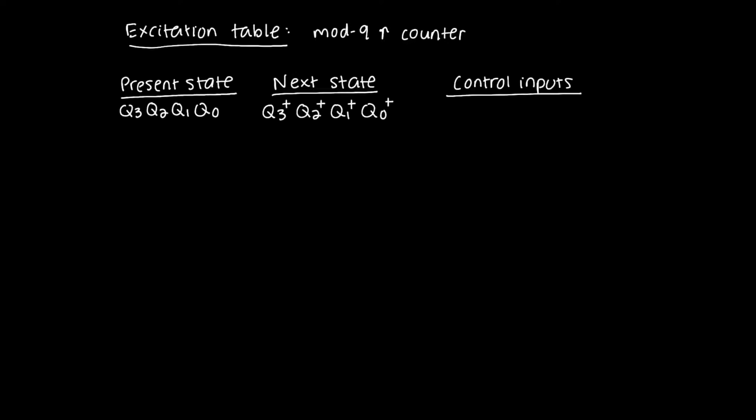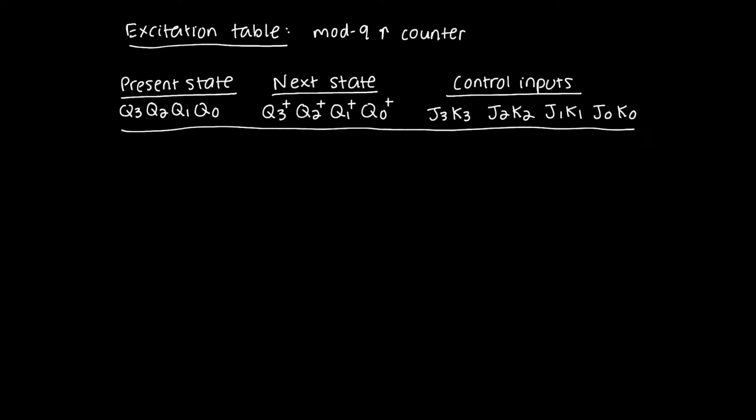Now, D flip-flops are fairly straightforward. So for this example, I'll use JK flip-flops. So how many JK control inputs do I need? Well, I need 1 J and 1 K per flip-flop. I have 4 flip-flops, so therefore I have 8 control inputs. I have J3, K3, J2, K2, J1, K1, and J0, K0.